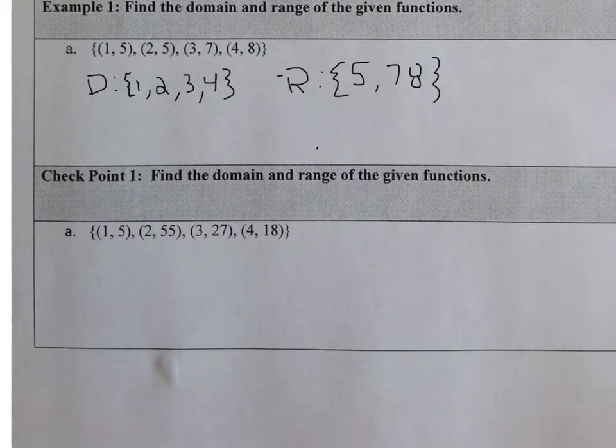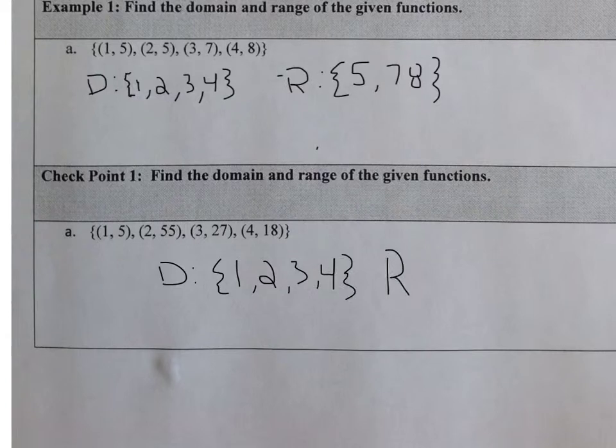Alright, so checkpoint 1. Find the domain and range of the given functions. You got the domain, and that's not a very good bracket. Not getting any better. You got 1, 2, 3, and 4 again. And the range, you've got 5, 55, 27, and 18.